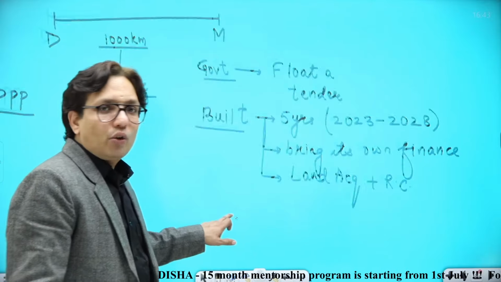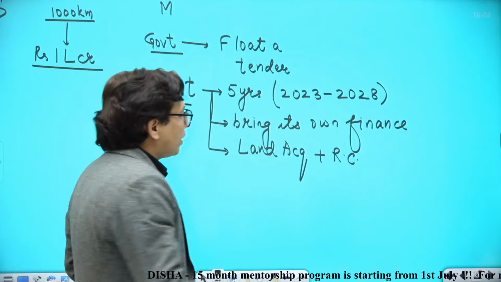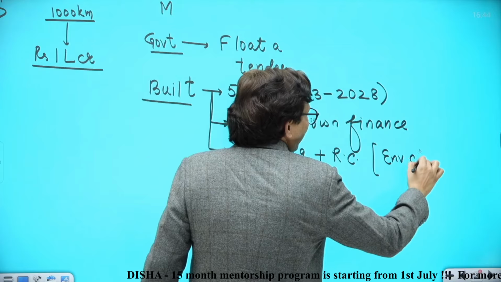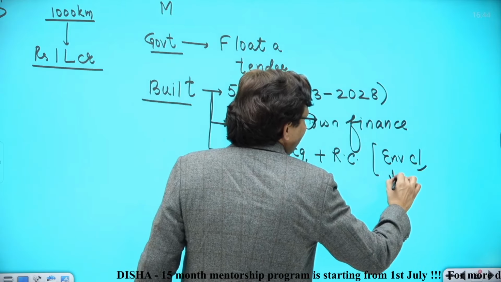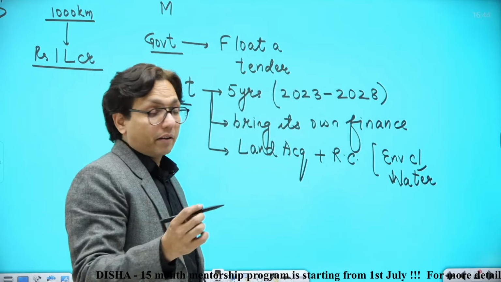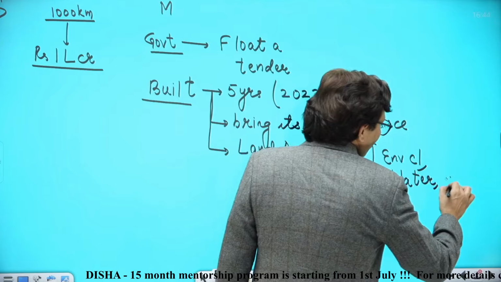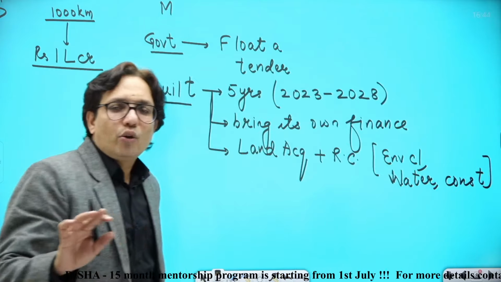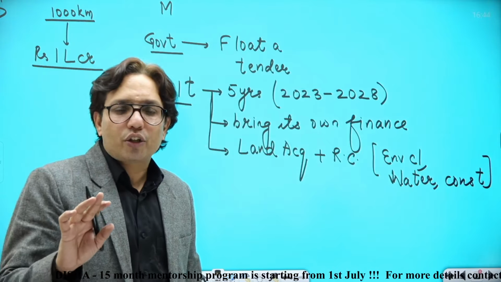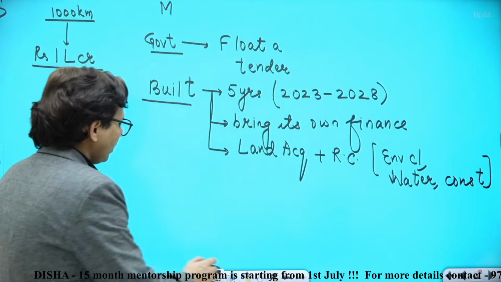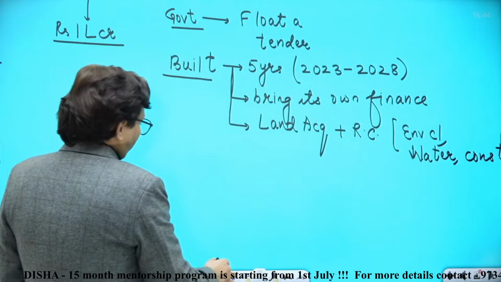What can be those regulatory clearances? Those regulatory clearances can be environment clearance, water permit, construction permit, etc. All these regulatory clearances and land acquisition would be the responsibility of the private player. This is the build part.